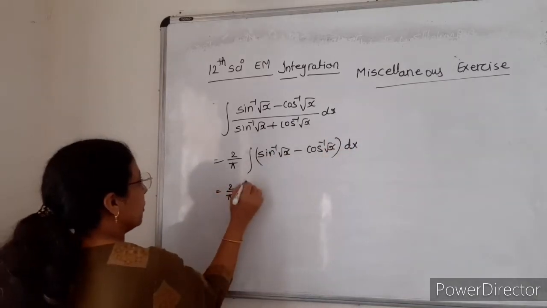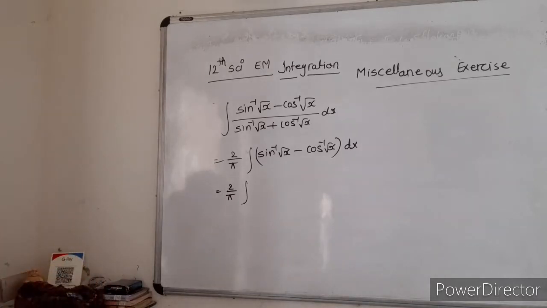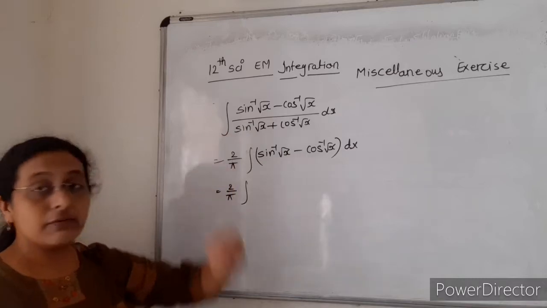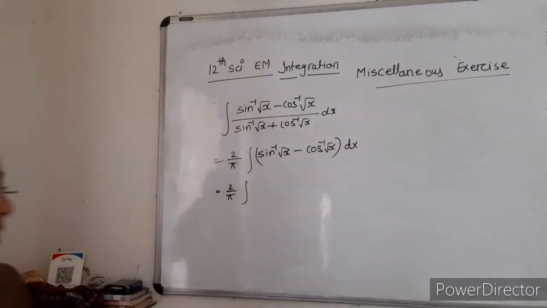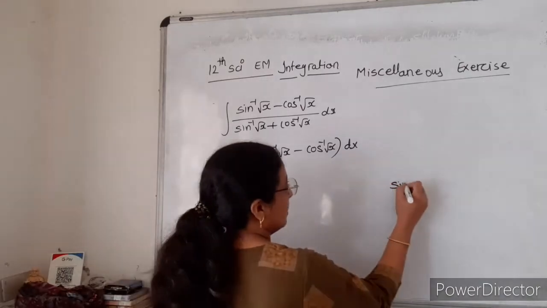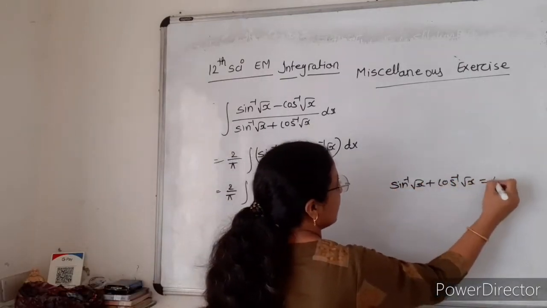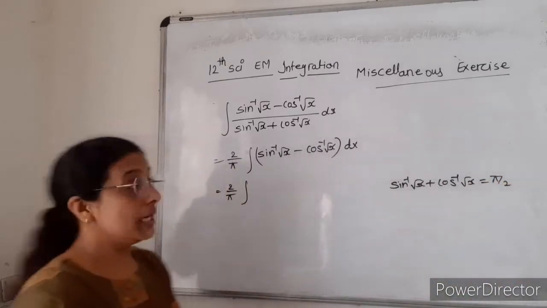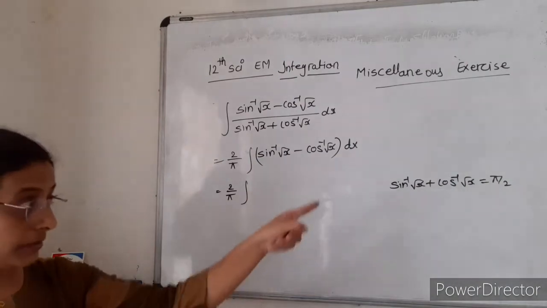So 2 upon pi. Now instead of sine inverse root x, what will I write? Sine inverse root x plus cos inverse root x is equal to pi by 2. So instead of this sine inverse root x, what can I write here?